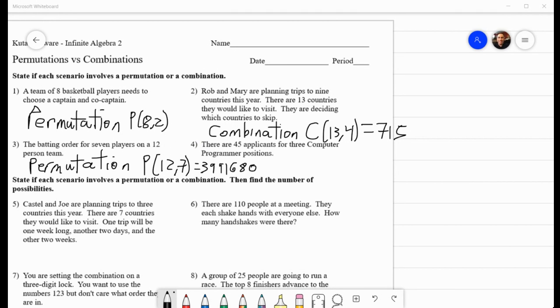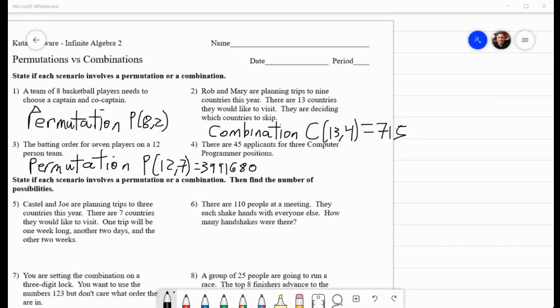Number 4, did anyone get that one? Did anyone get 4 as a combination or permutation? Does order matter with choosing the applicants? Keep in mind, they're choosing. Someone here said no, so it's a combination. Very good. Because you're going for the same job, whoever they choose first is not going to make a difference.